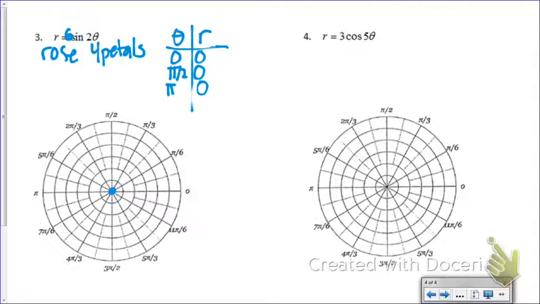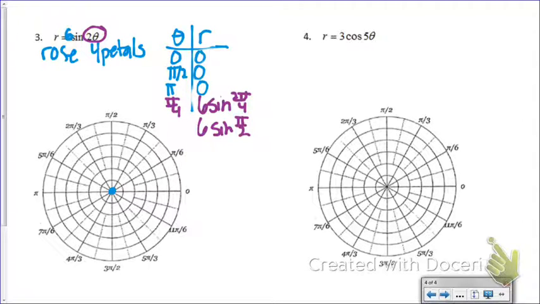Now you can choose whichever values you want, but what I'm going to choose is something that's going to give me a nice, easy to work with number here inside. So for example, if I pick pi over 4, then I have 6 times the sine of 2 times pi over 4. And you guys can see the reason I picked pi over 4, it reduces to pi over 2.